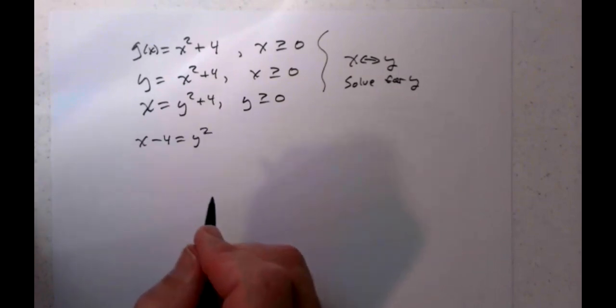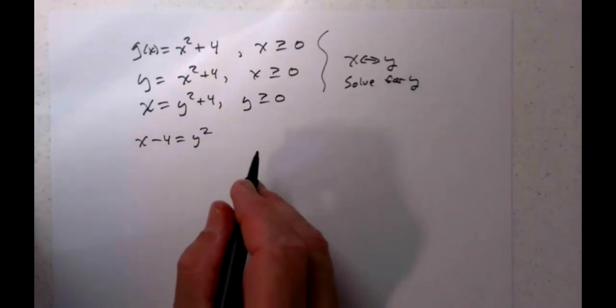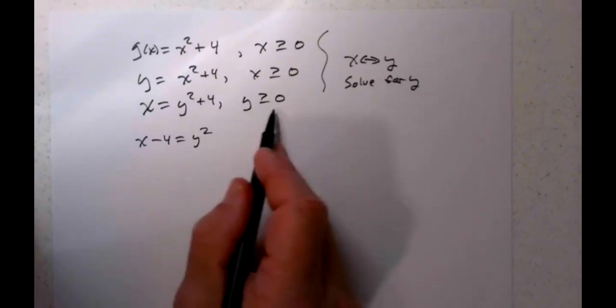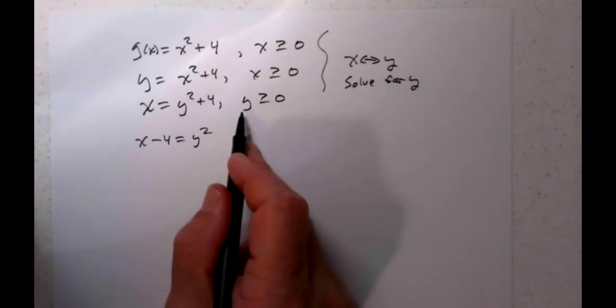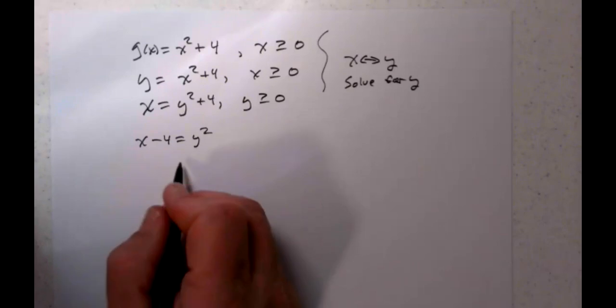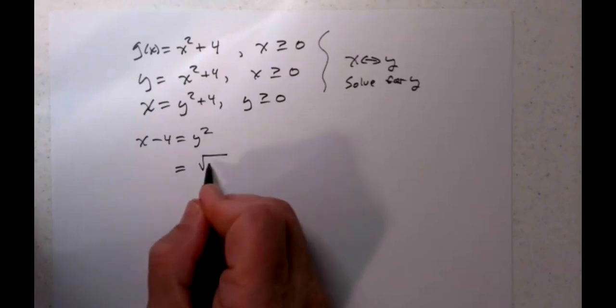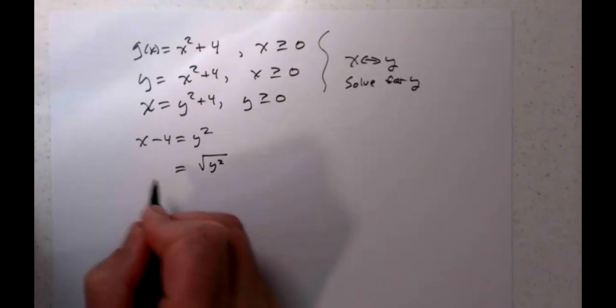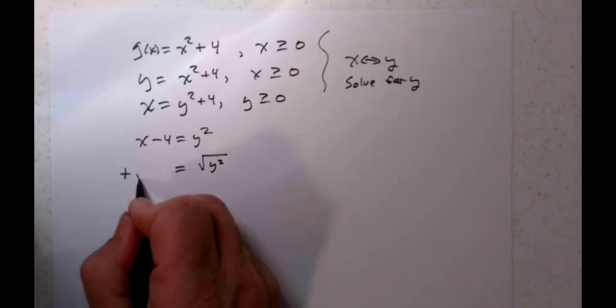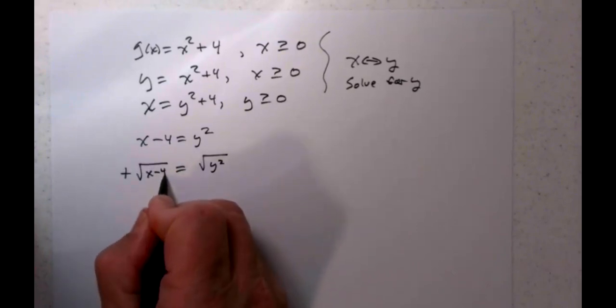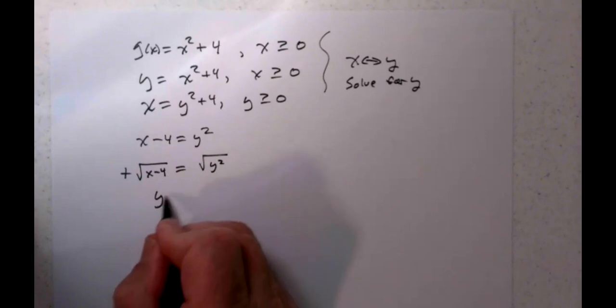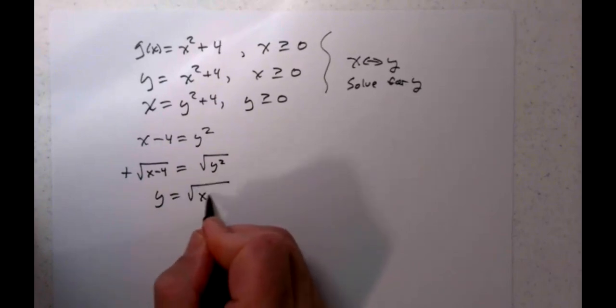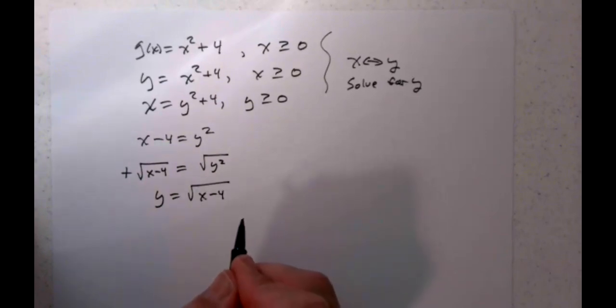Take the square root of both sides. Normally speaking, you would say plus or minus, except notice x becomes y, y becomes x. y is bigger than or equal to 0, so I don't need the plus or minus. So y is going to equal the square root of x minus 4. That is the inverse of your function.